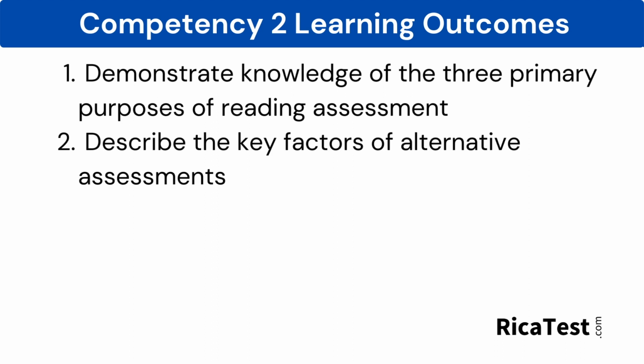Then you learned about the key factors of alternative assessments. These include IEPs and Section 504 plans, where the important point to remember for your RICA test is that each student's learning plan is unique, and it is crucial for a teacher to read the student's plan and adhere to learning supports that the student is granted to receive.